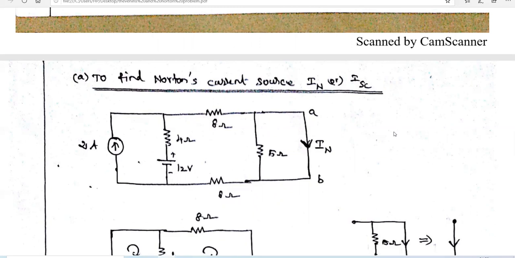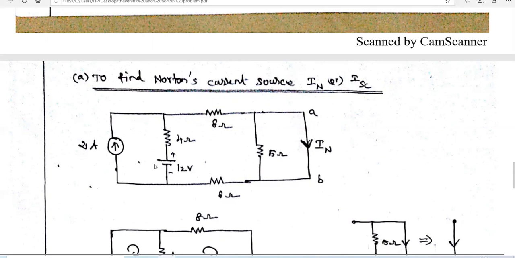But in Norton's theorem, terminals A and B must be short circuited. So you take one wire and short circuit terminals A and B. Across this A and B, whatever current is flowing, that current we call Norton's current. So you calculate the current flowing through this branch.